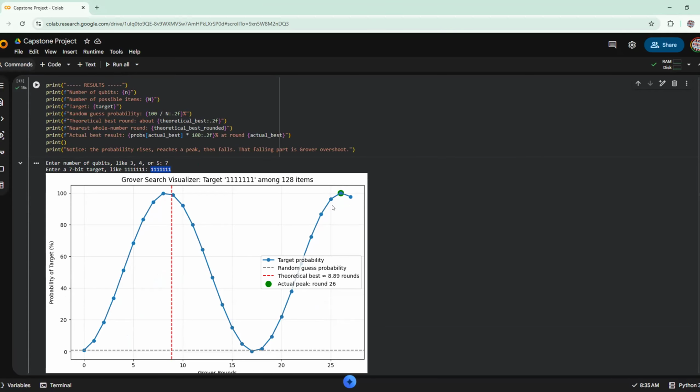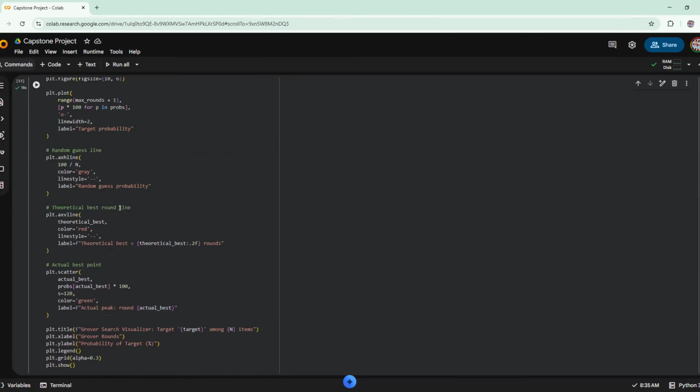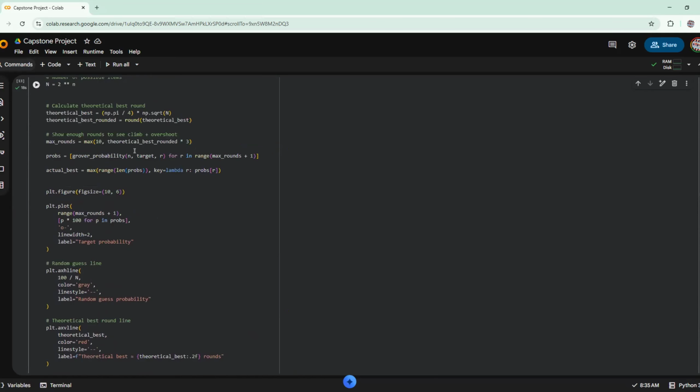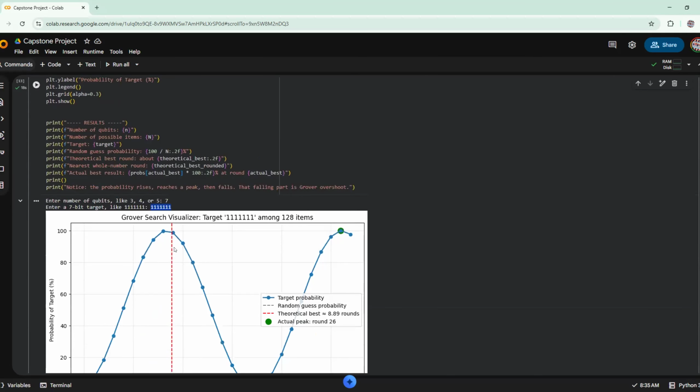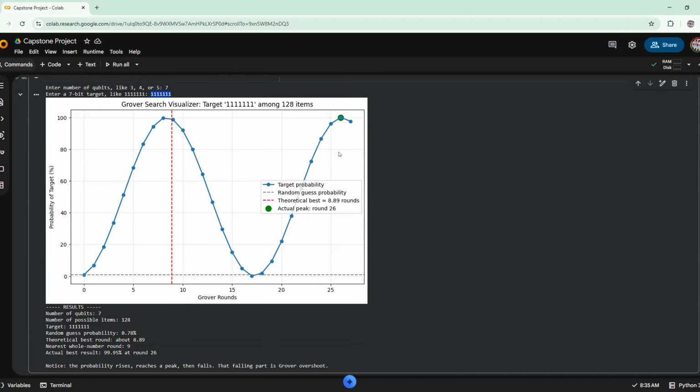And the second feature that I added was this red line over here. That red line, like I said, is the maximum theoretical probability, which uses the formula, should be right here, pi over 4 times square root of n. And that's a theoretical probability, but the maximum probability over here, which is in green, is peaked around 26.